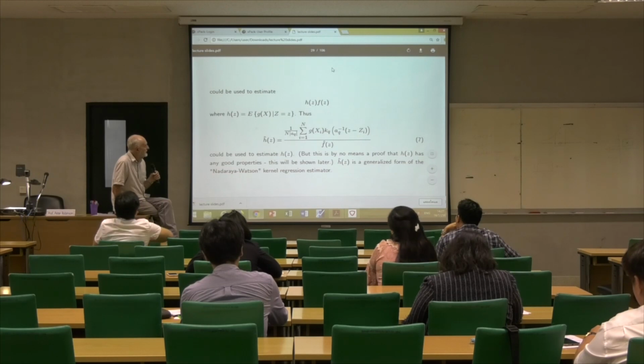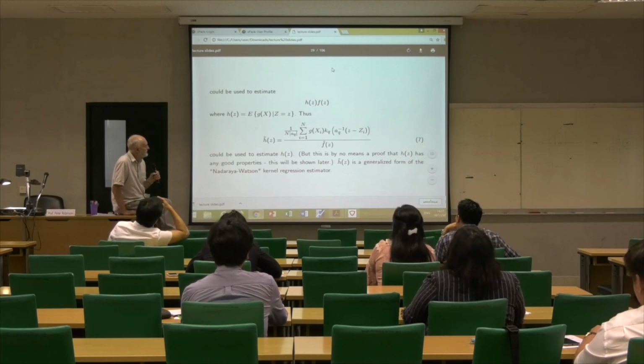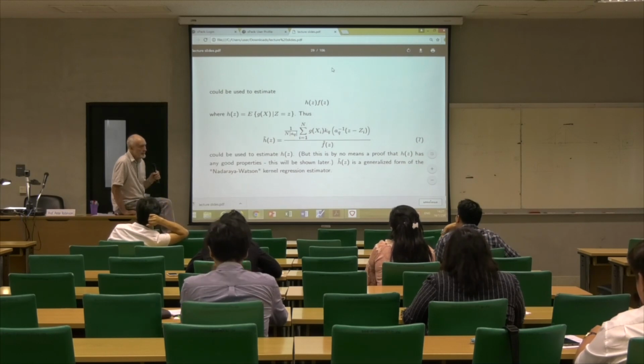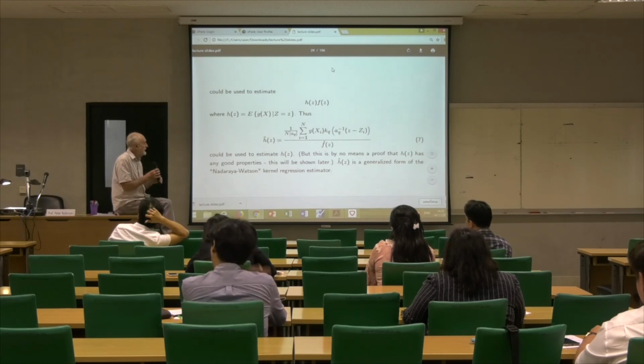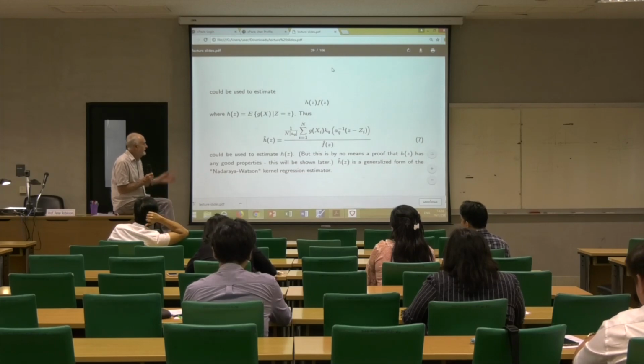Some people mention that, but the problem with that definition is that you do then require a non-negative kernel function, and it need not necessarily be non-negative. So this is by no means a proof of anything.